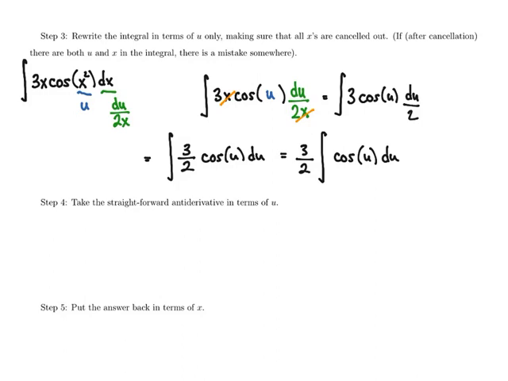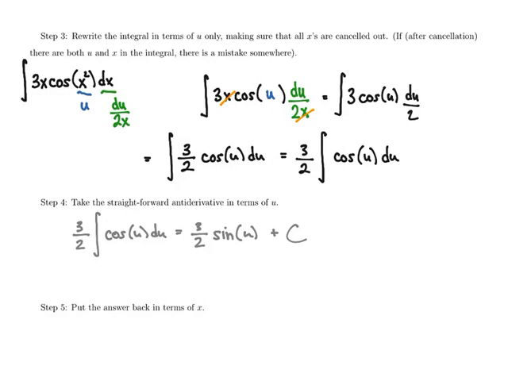So step 4 says we're actually going to take that antiderivative now. We have 3 halves integral of cosine of u du is going to be equal to 3/2 sine of u plus our constant c.